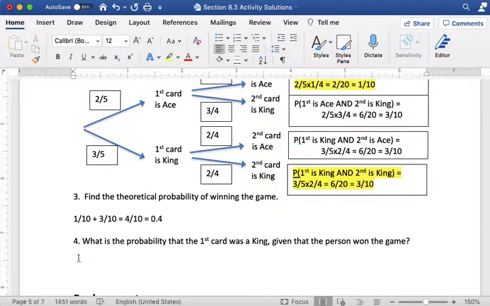And the final question here says, what is the probability that the first card was a king, given that the person won the game? So here we have our word given, which should be a clue to us that we're talking about a conditional probability. So, the probability that the person won the game is 4/10.